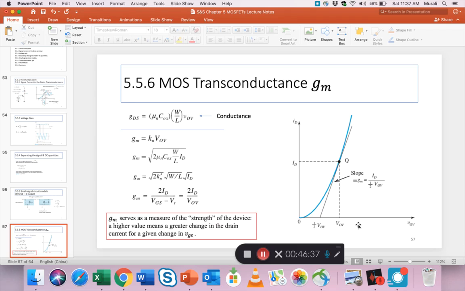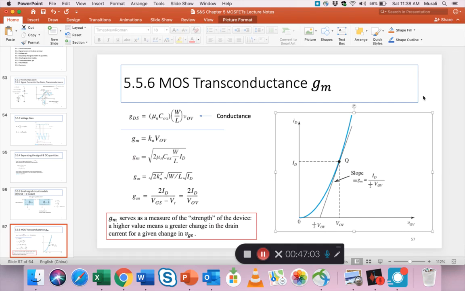If you pick the one with the higher gm, then for a given change in the input signal, the current will change more with the higher gm transistor, and the current ID will change less with the lower gm device. So that is what is meant by a measure of the strength.